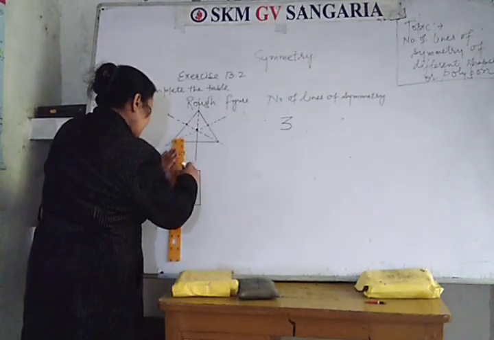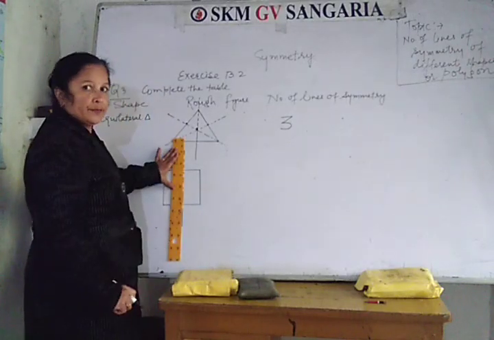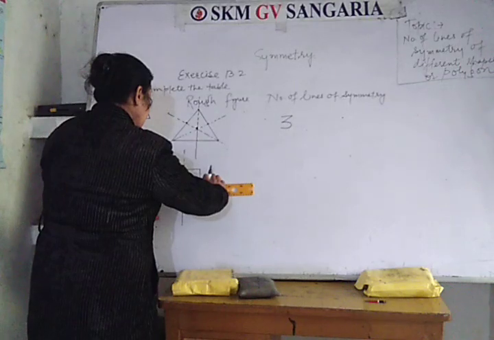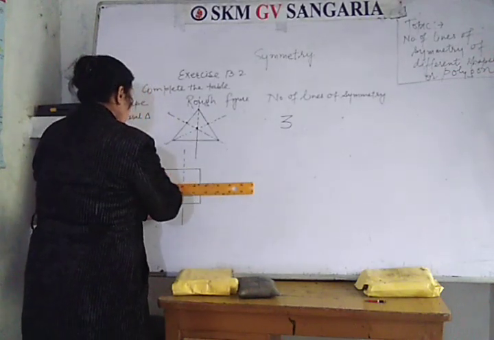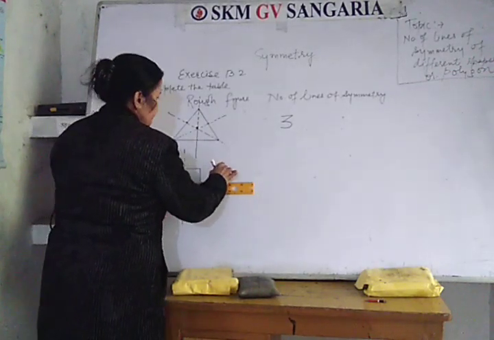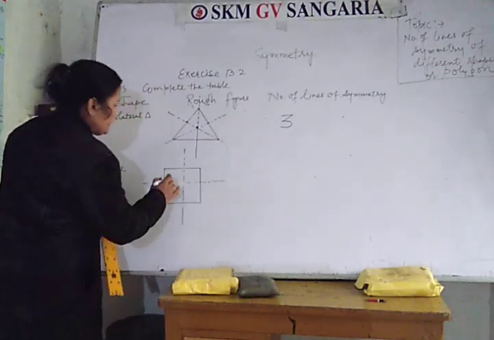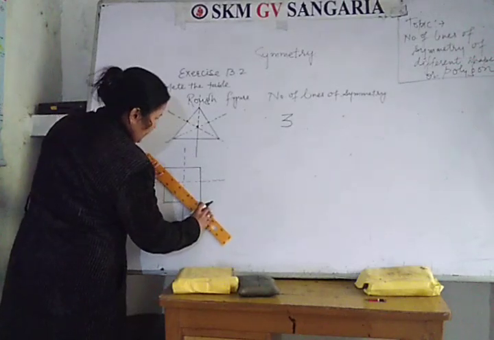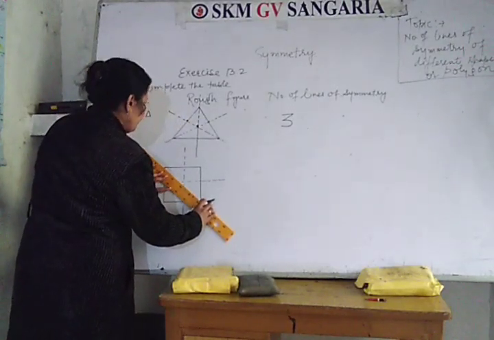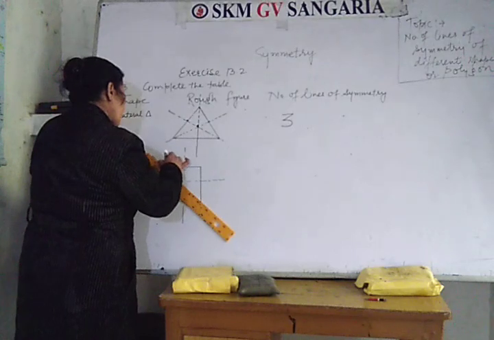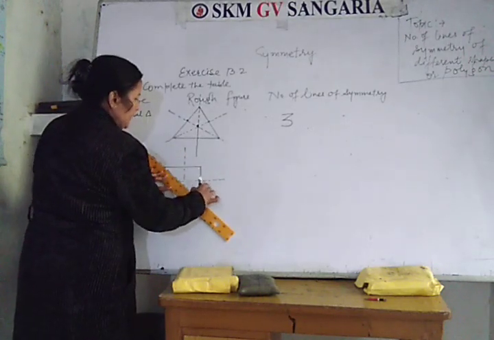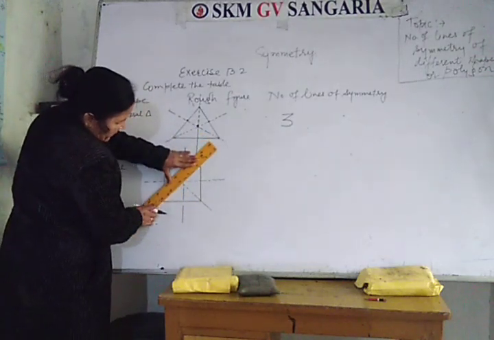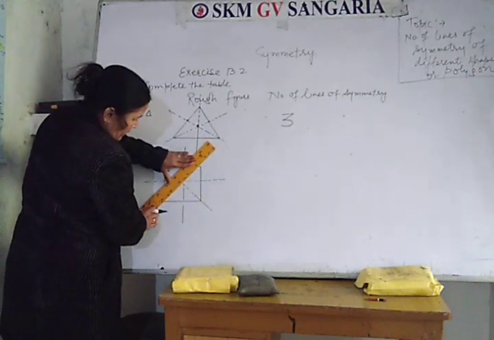So this line of symmetry is dividing this square into 2 equal parts. This is vertical line of symmetry and this is horizontal line of symmetry, and then diagonally it is also dividing this square into 2 equal parts. This is another diagonal of the square.